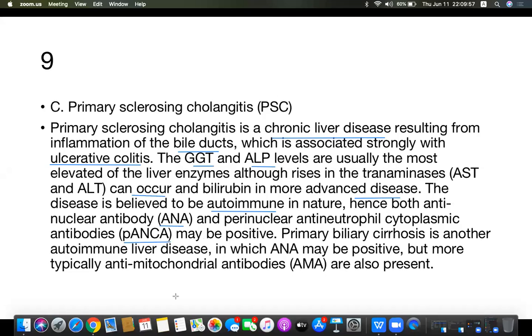Primary biliary cirrhosis is another autoimmune liver disease where ANA may be positive, but more typically antimitochondrial antibodies are also present. But in this case, they are negative, so we don't think about primary biliary cirrhosis. So this is the way we reach the diagnosis.